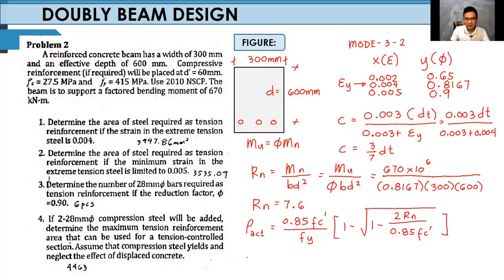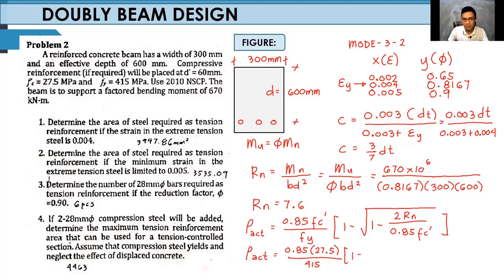Okay. So, next thing is substitution lang po. Rho equals 0.85. Fc prime natin is given 27.5. Fy natin is equivalent to 415.